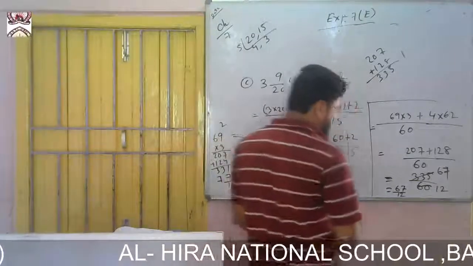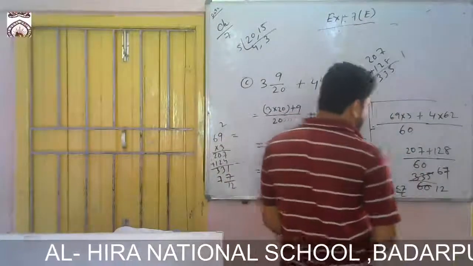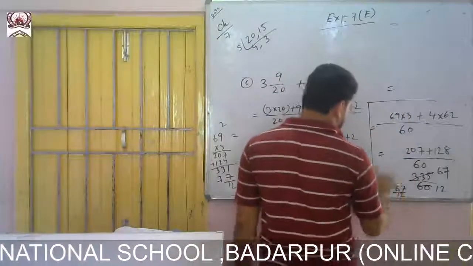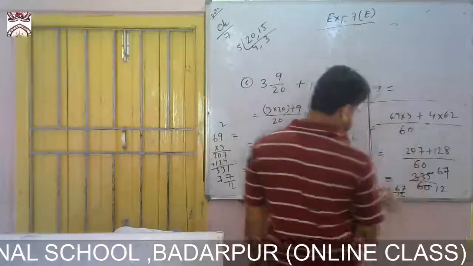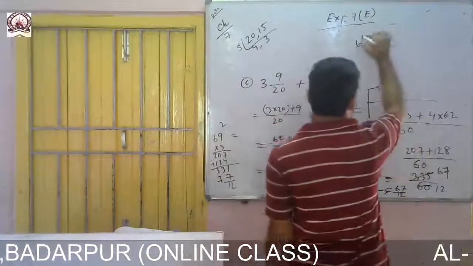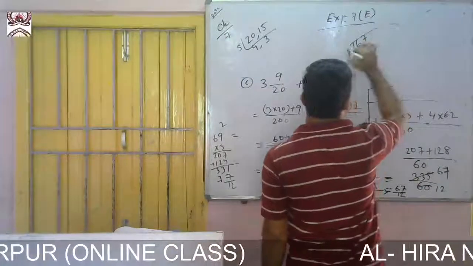After that you come here. Okay, you write the answer here. Okay, from there come here. Okay, so divide 67 by 12.